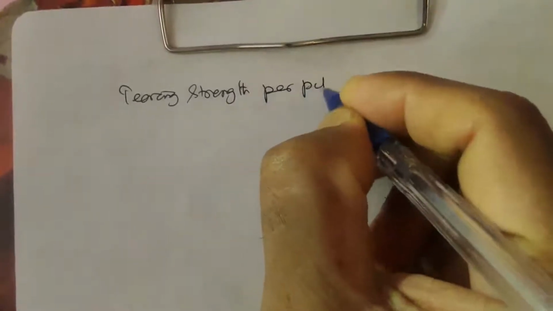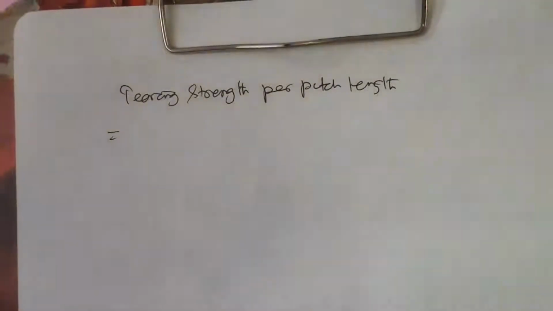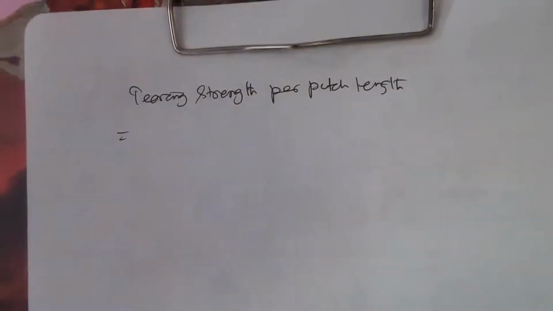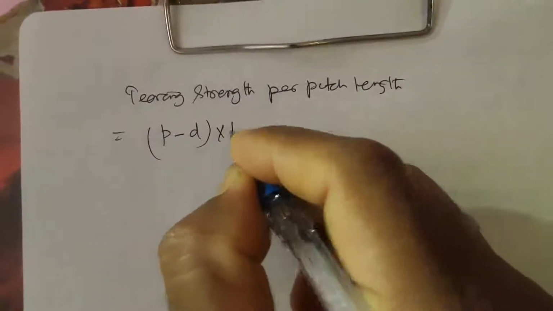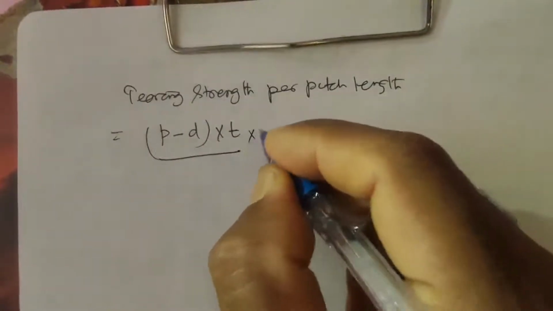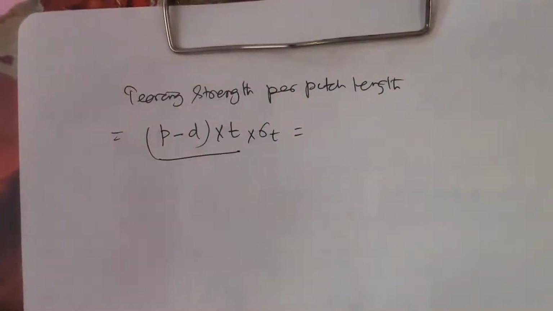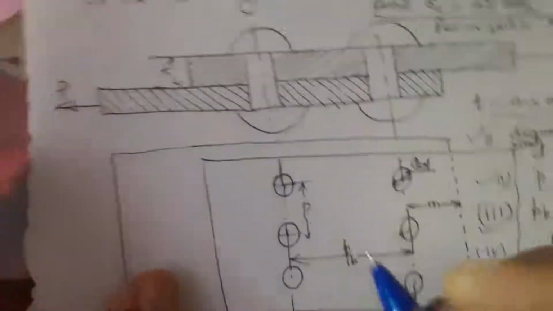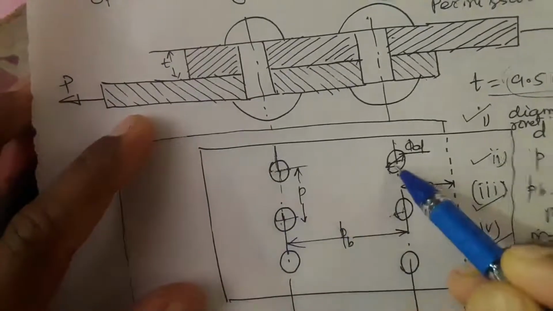Tearing strength per pitch length is equal to P minus D into the thickness, this is the area, into sigma T. This is equal to the shearing strength, where there are two rivets per pitch length, half and half 1.